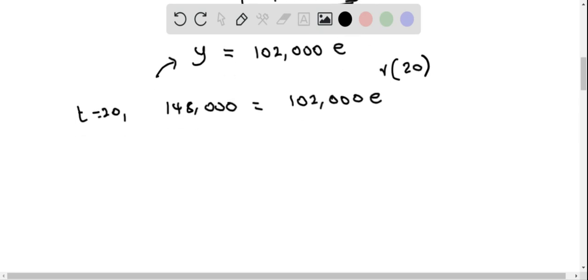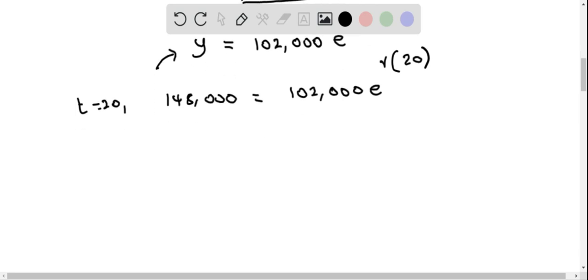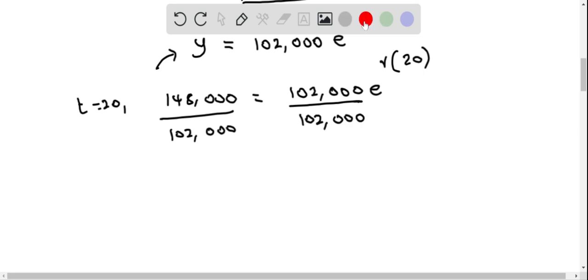So first divide both sides by 102,000. We can put only the numerical value. So these 102,000 gets cancelled, and we can just cancel these three zeros, and it reduces to 148 over 102, and this equals e raised to the power of r times 20, which is 20r.